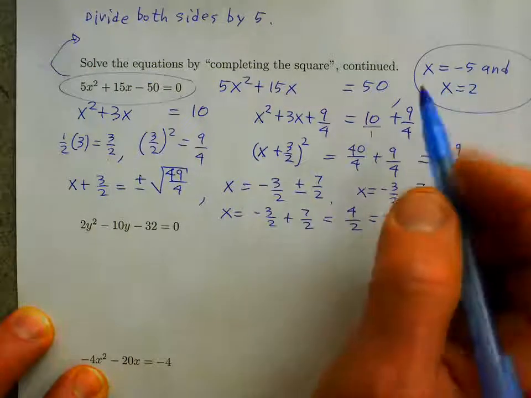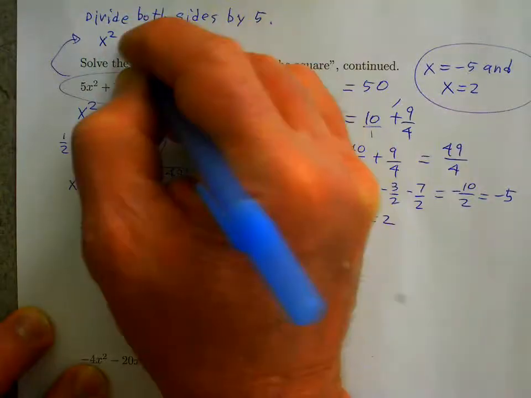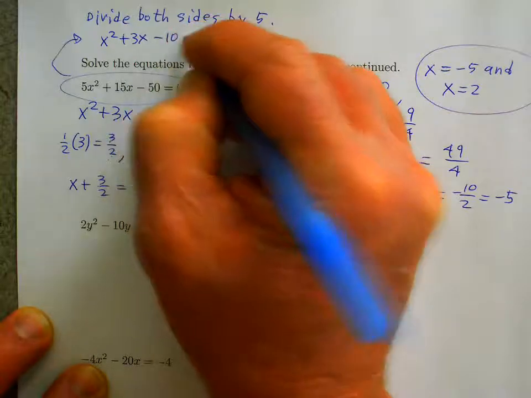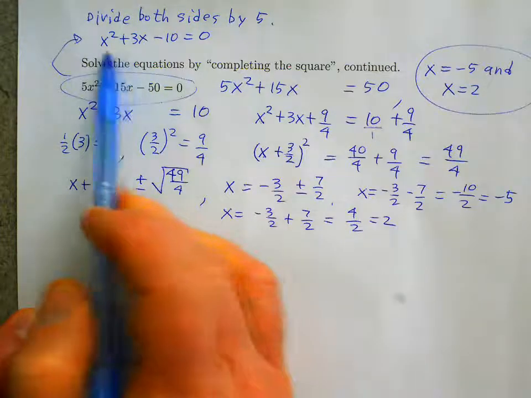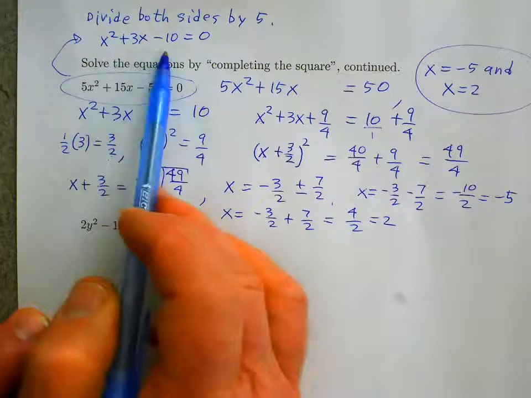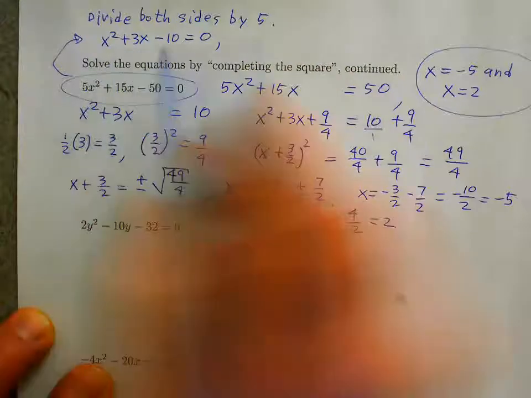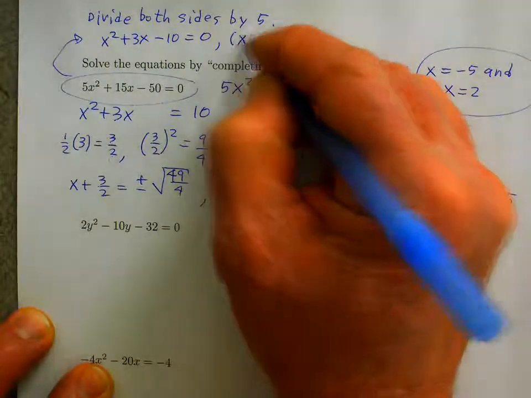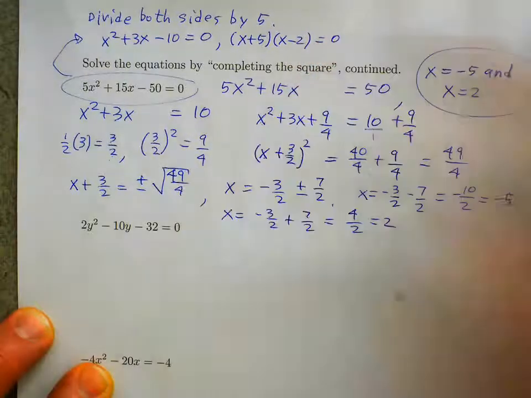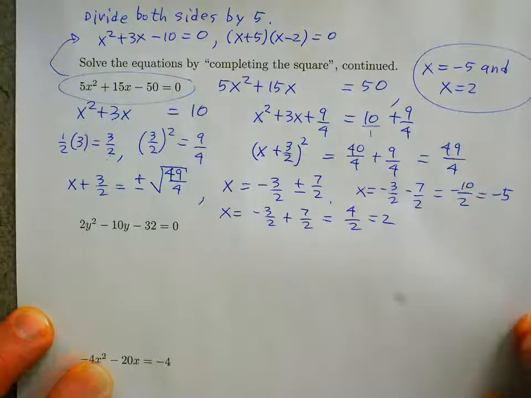So if you divide everything on both sides by 5 first, we get x squared plus 3x minus 10 equals 0. And this can pretty easily be solved by factoring, which is a method that we've already learned. The two factors are x plus 5 and x minus 2. So the two solutions are negative 5 and 2.